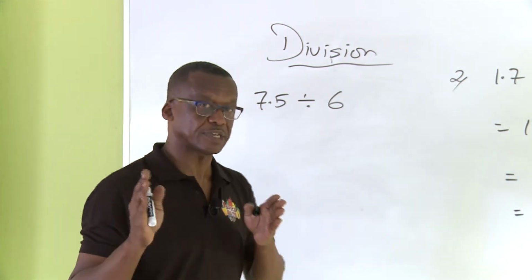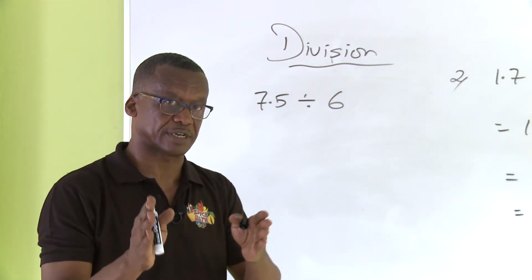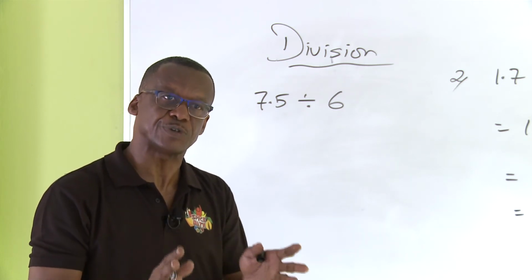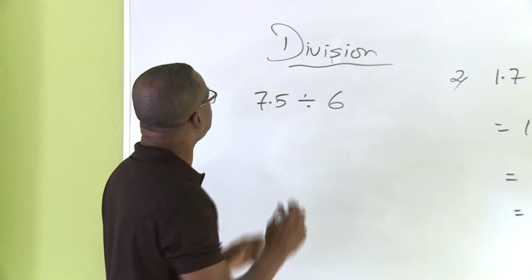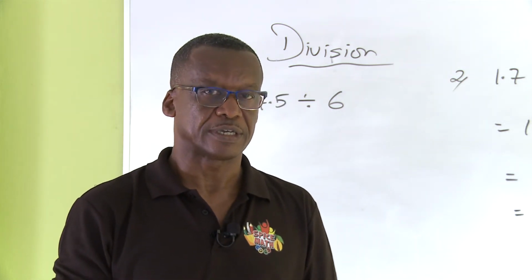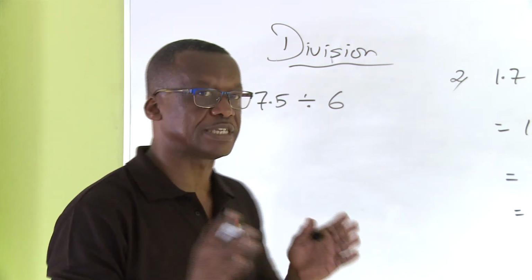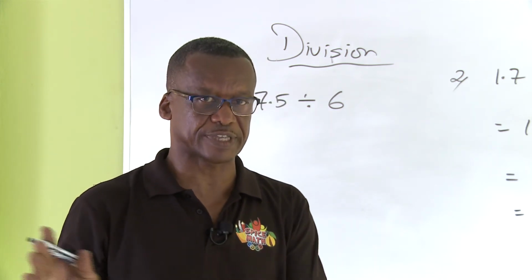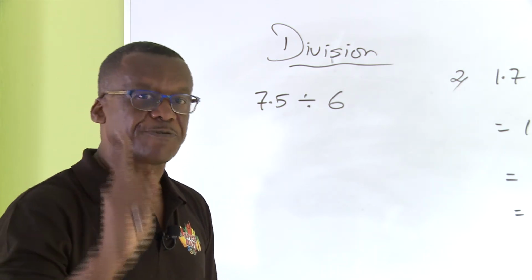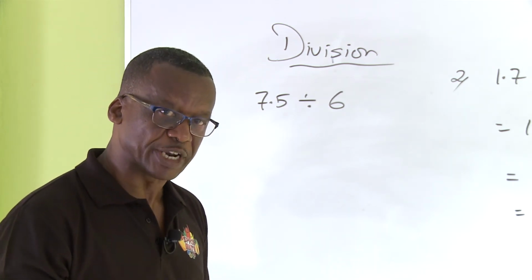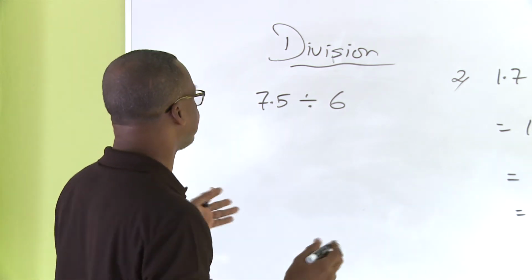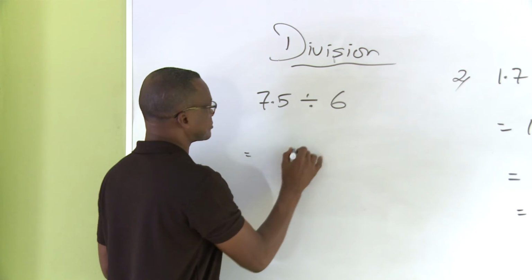Sometimes students are confused about what to do. If the dividend and the divisor both contain decimals, that would take us to the second section. Here we're looking at the first section. If the divisor is a whole number, no change needs to be done. You simply divide as normal.